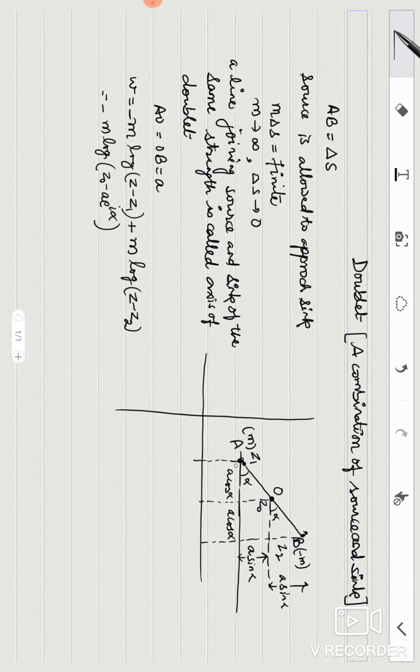For this point, this will be my X and this will be Y. So I may count it with the help of Z0. It will be Z0 minus A e raised to the power I alpha. Similarly, for this point, this will be Z0 plus A e raised to the power I alpha. Otherwise you can also count it yourself, Z0 plus A e raised to the power I alpha.